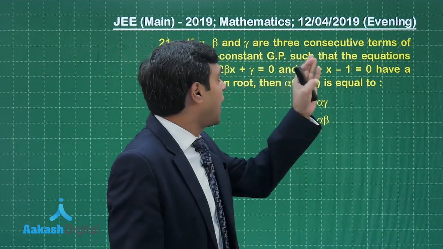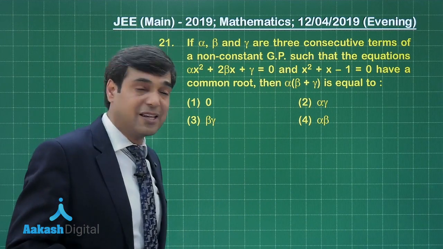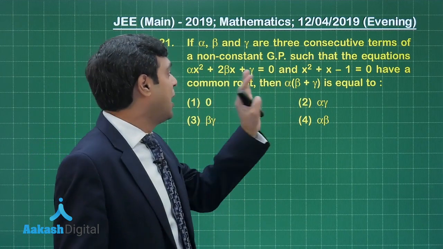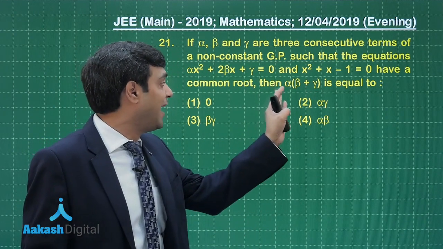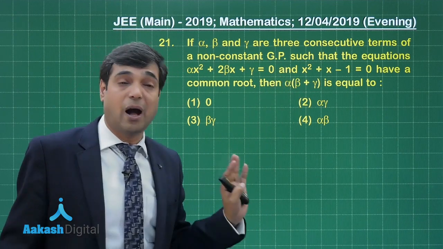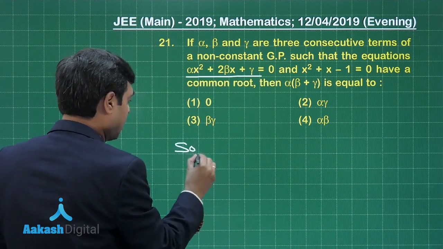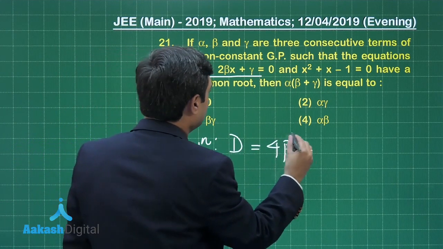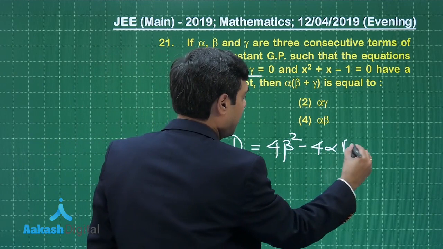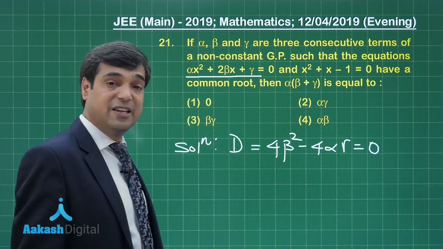If alpha, beta, gamma are three consecutive terms of a non-constant GP such that the equations these two have a common root, you have to find the value of alpha, beta plus gamma. So let's understand for this equation. Discriminant of this equation is 4 beta square minus 4 alpha gamma, which is 0, because it is given alpha, beta, gamma are in GP.